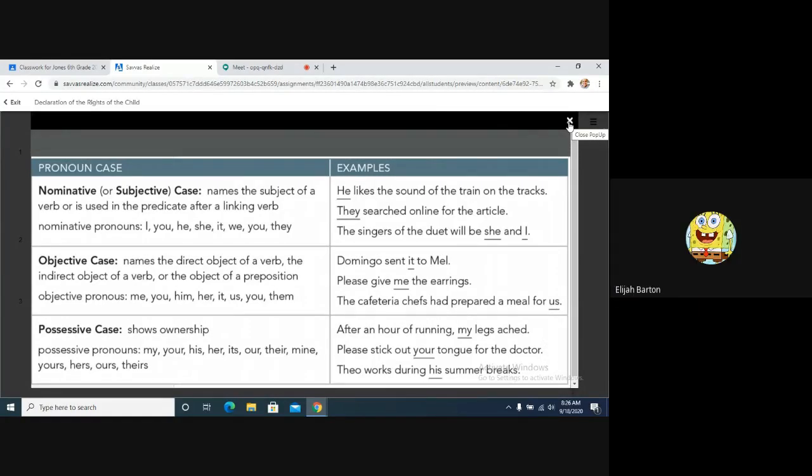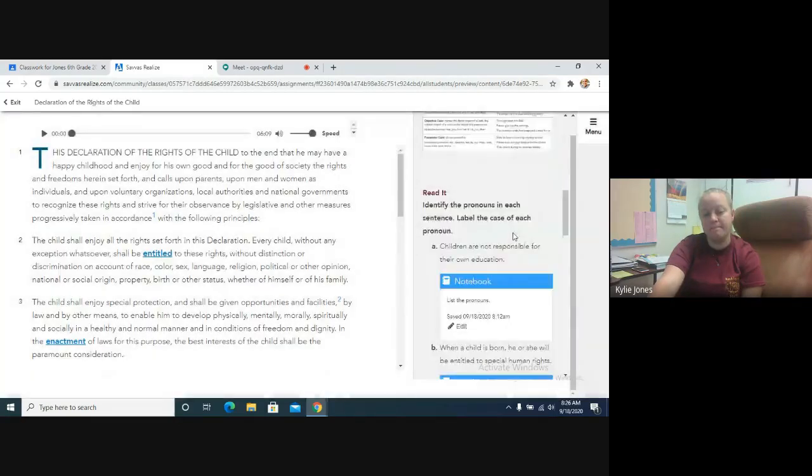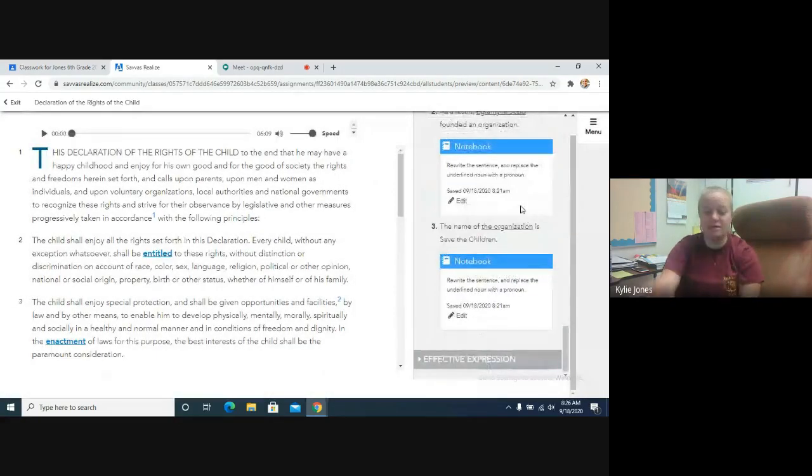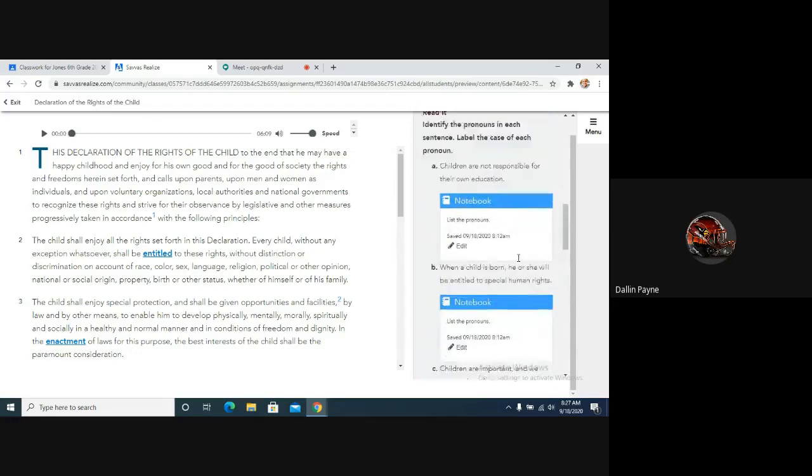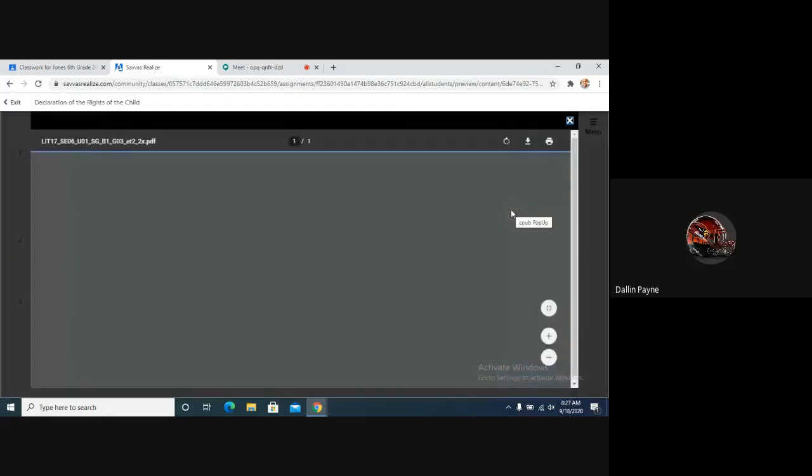Is that for the last one? Yeah. The one about the organization. It's an objective pronoun, so you want to replace it with one of the objective pronouns from that chart. Could you go back to that chart so I can keep clicking back and forth and reading them? Yep. Okay. There you go.